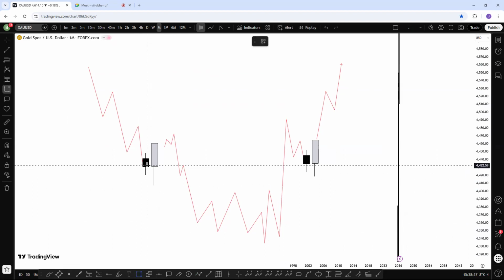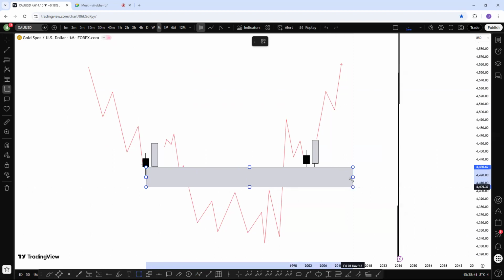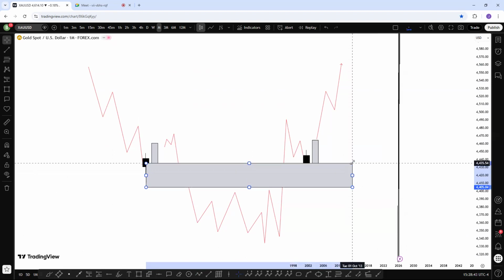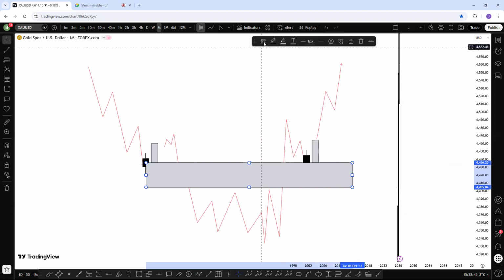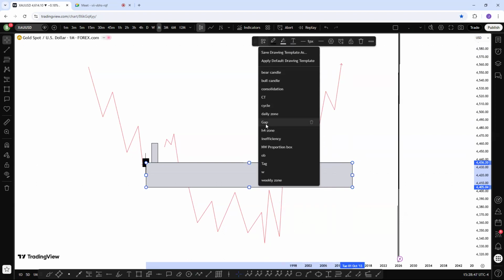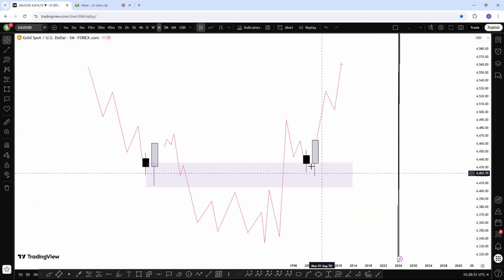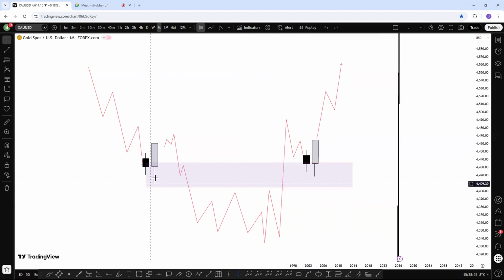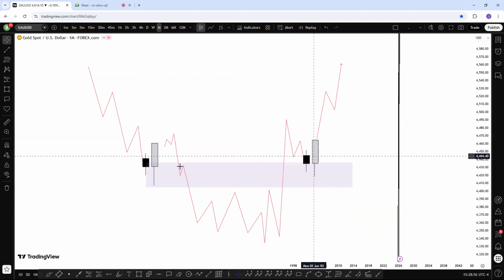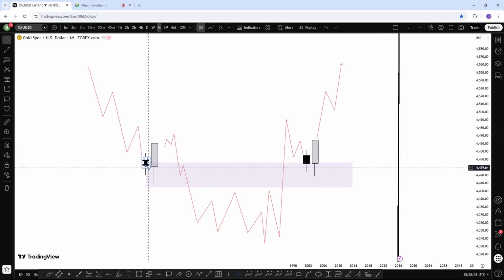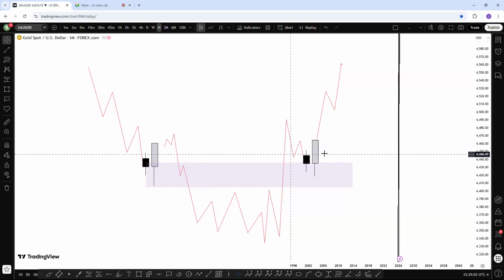For example, if you want to mark the zone, you can mark this manipulation area as a strong area to pay attention to. This is one way you can see the high confluence setup.